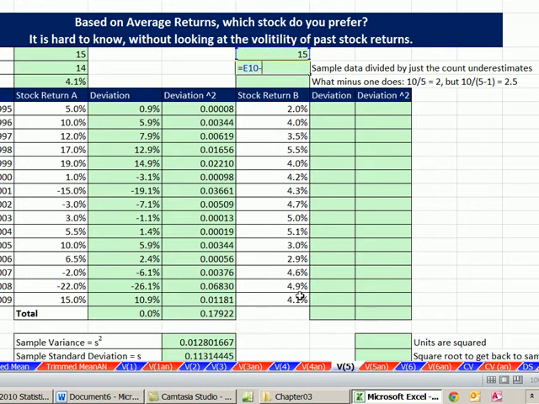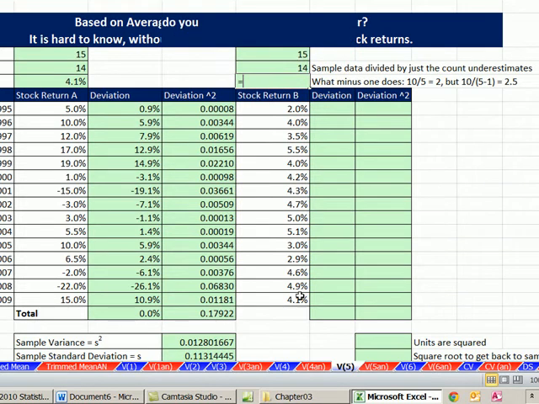Equals count. Equals count minus 1. Equals the mean. Deviation. All right, and I have to lock that one with my F4 key. Add them all up.